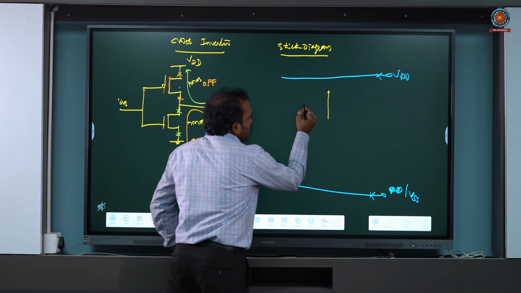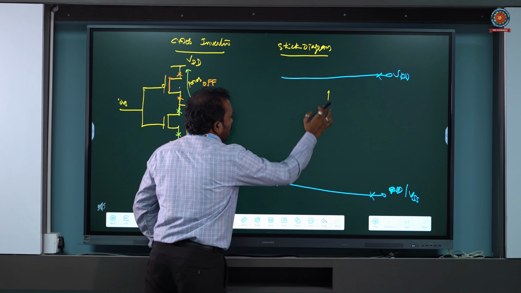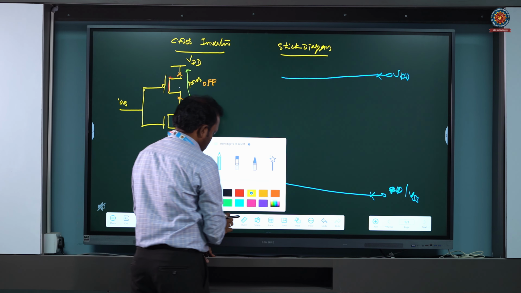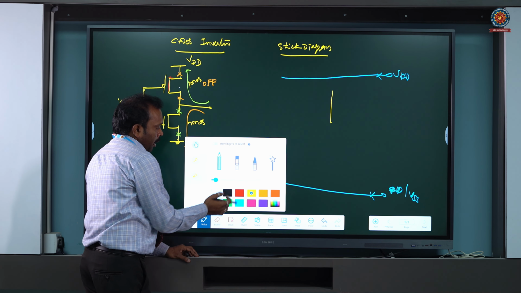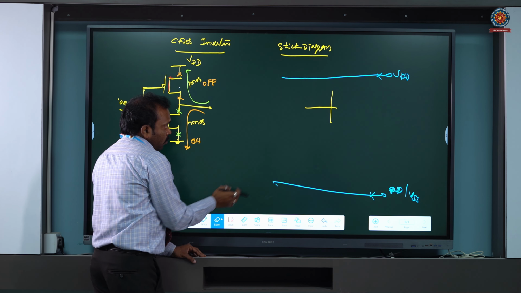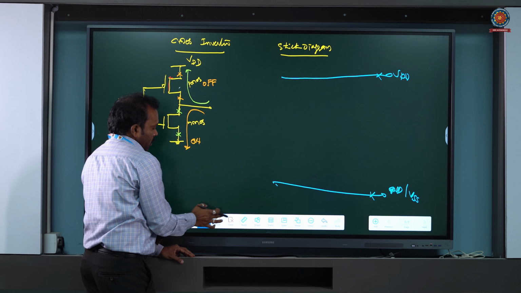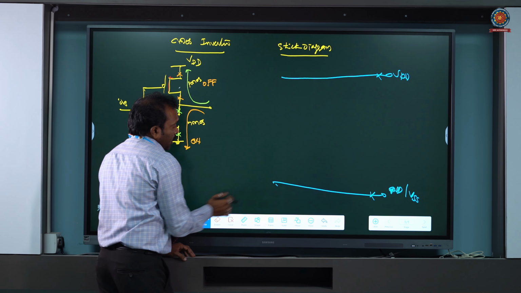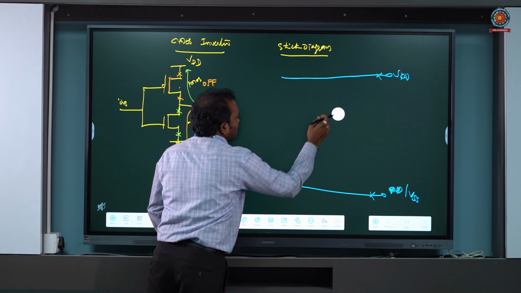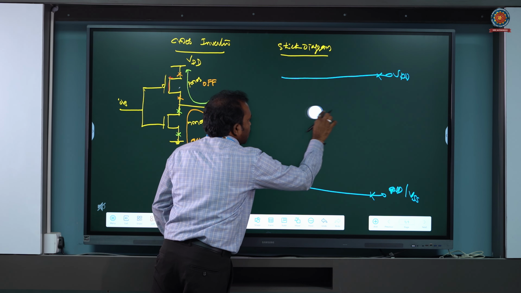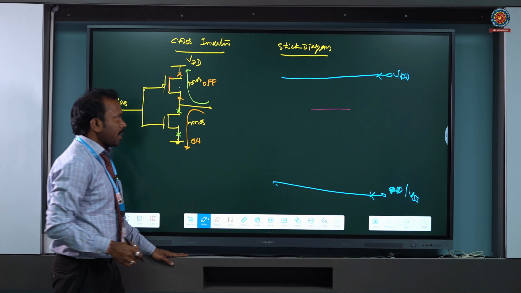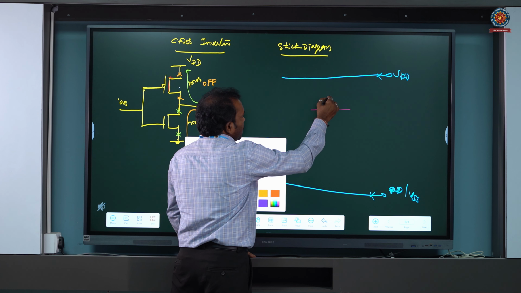That red color represents your poly, and where it crosses the diffusion, this forms your transistor.